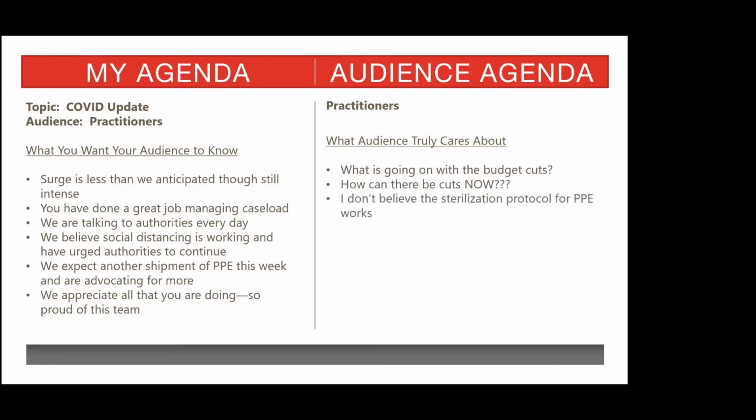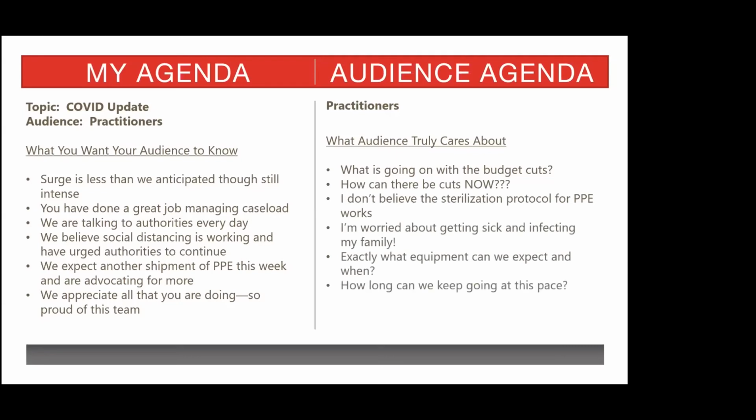I don't know if we have all the right protocols, and I'm worried about my own health and well-being, and where are we going to get the materials and resources? Very real emotional things that they were struggling with. So if you look at these two sides of the page, what do you notice? Feel free to drop it into chat. What do you notice about these two agendas?